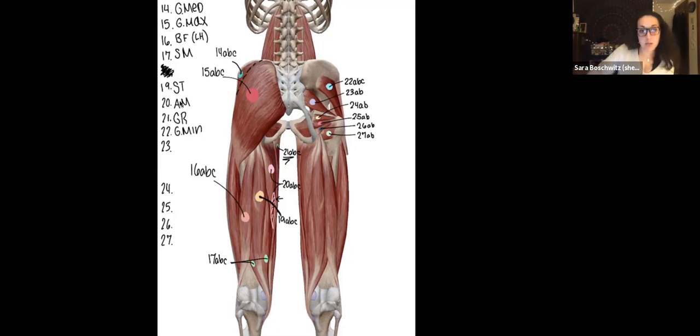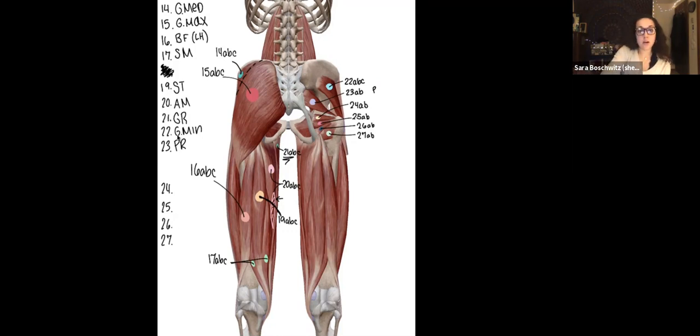All right, number 23 is going to be the Piriformis. I'm going to put it here as well. The Piriformis is going to assist with lateral rotation as well as abduction.